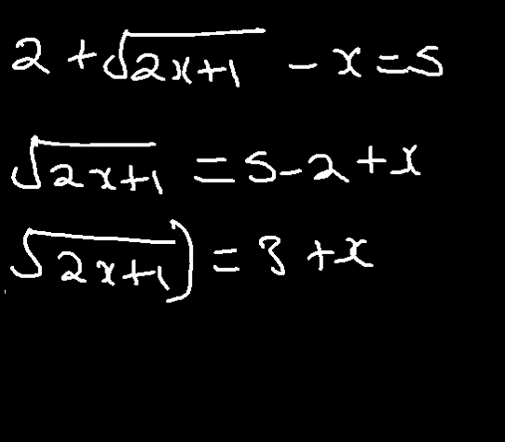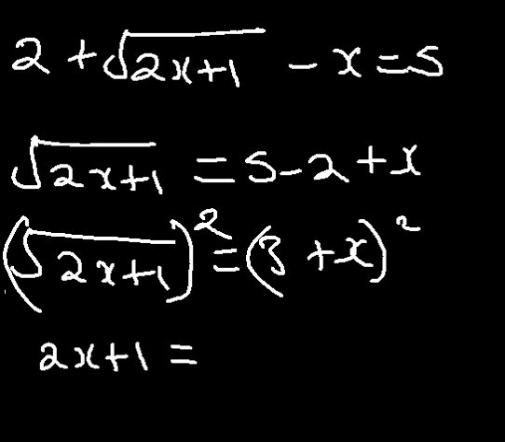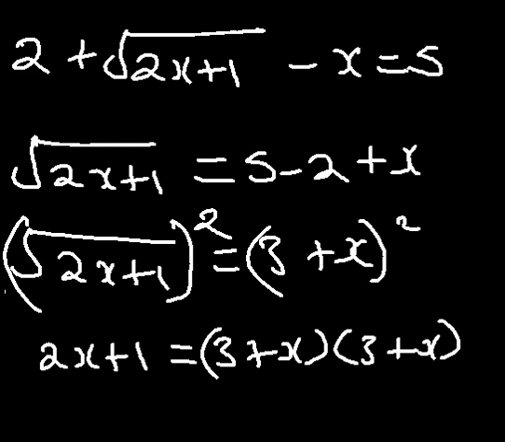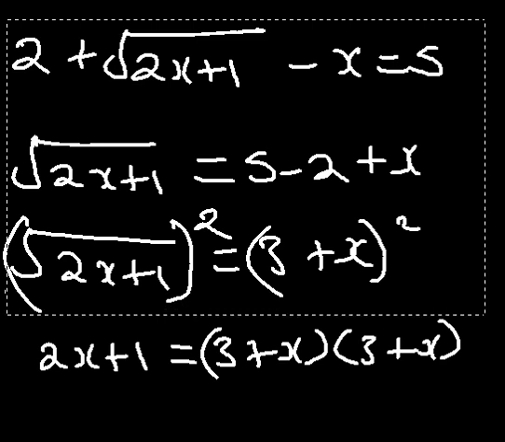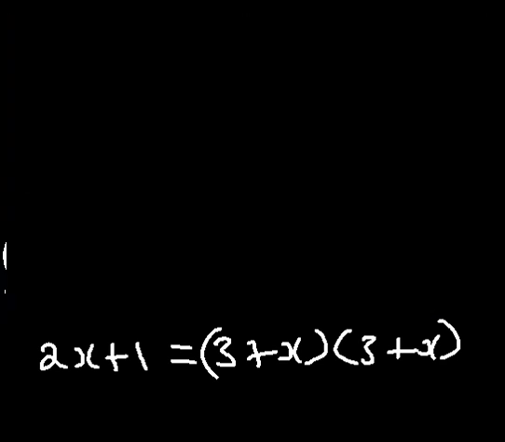Then now we're going to square both sides. That will be given as 2x plus 1 is equal to 3 plus x times 3 plus x. That's how it will be. Then we are going to expand the other side.